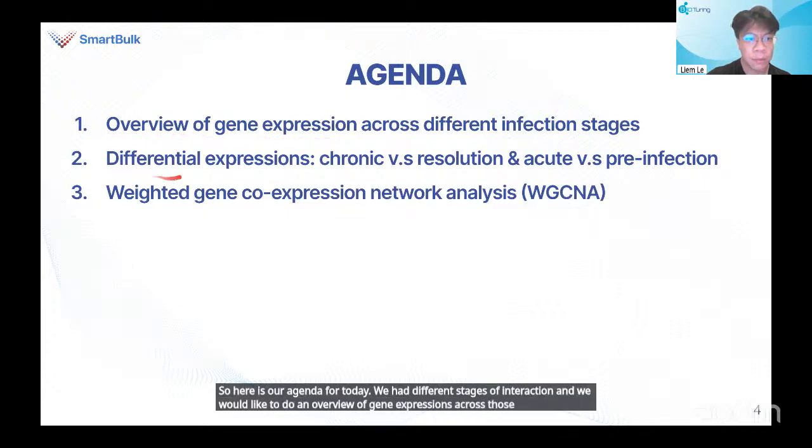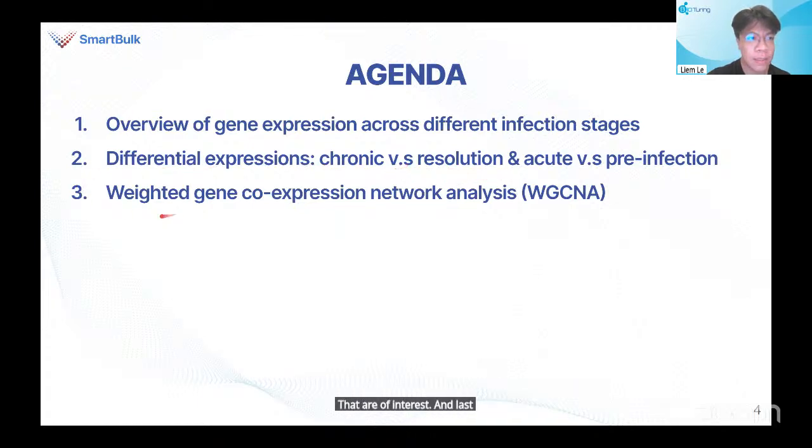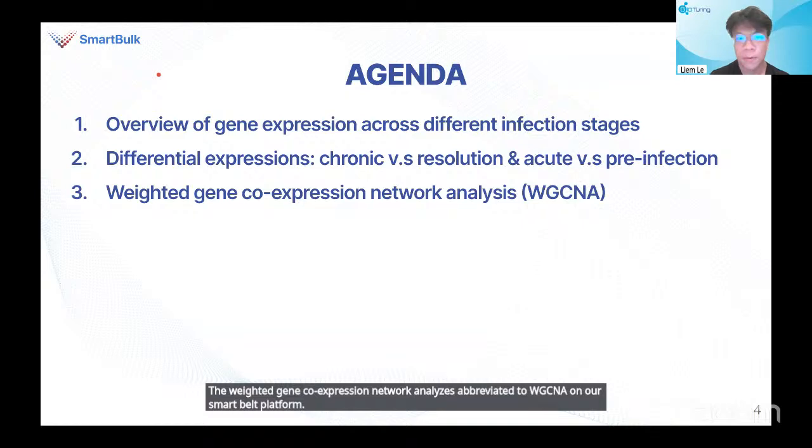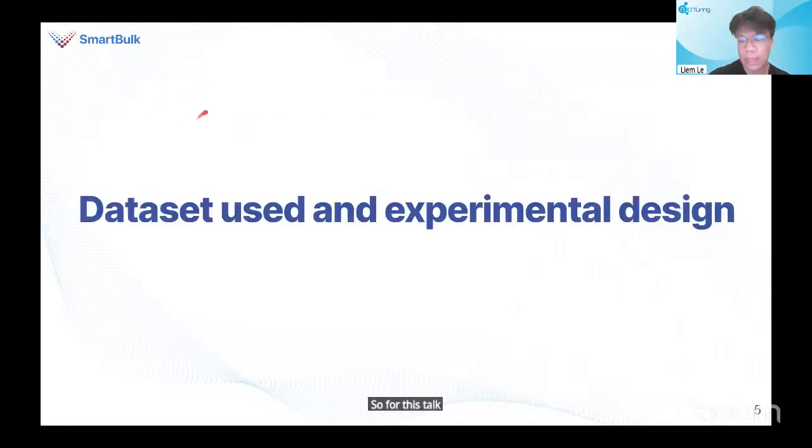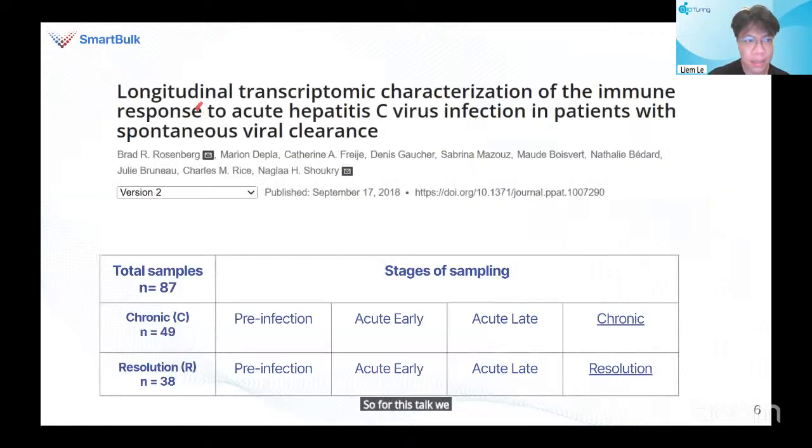We then perform differential expression across different stages to identify potential changes that are of interest. And lastly, we introduce a new feature that Julie has mentioned, the weighted gene co-expression network analysis, abbreviated to WGCNA, on our SmartBulk platform.